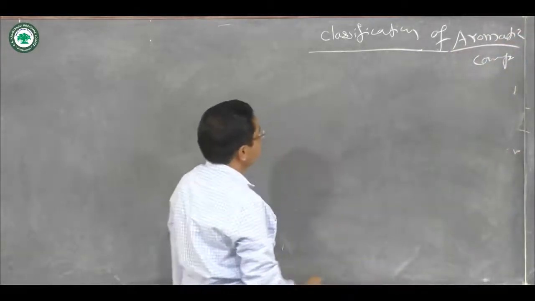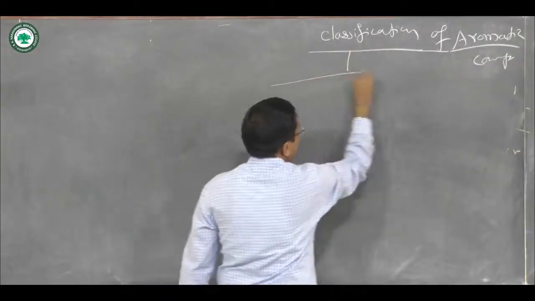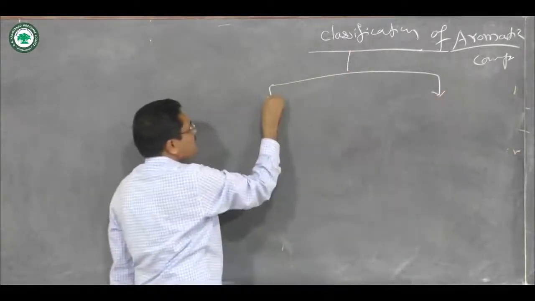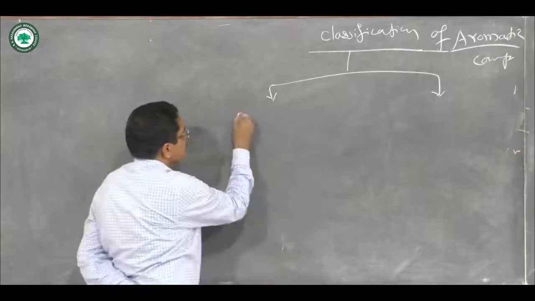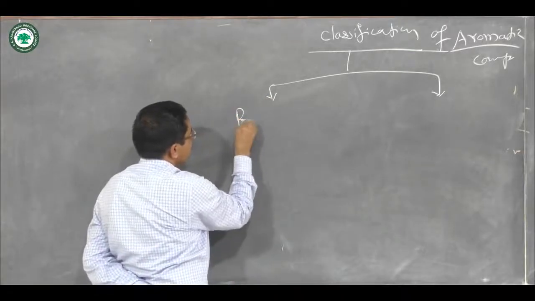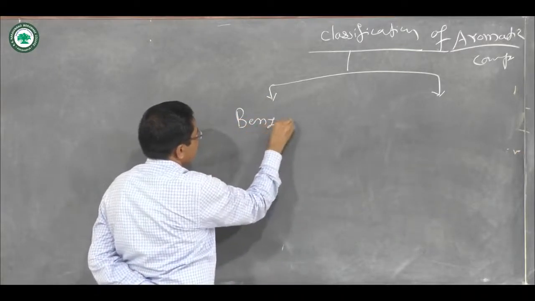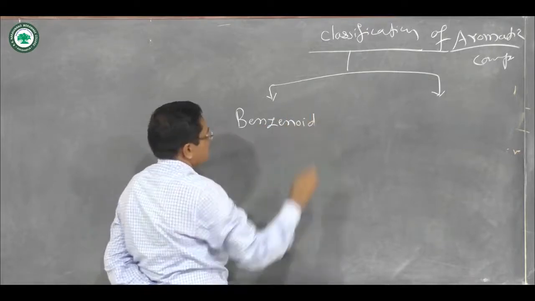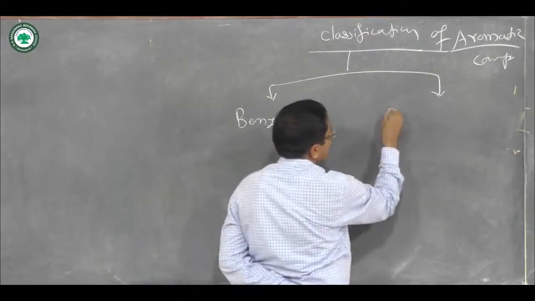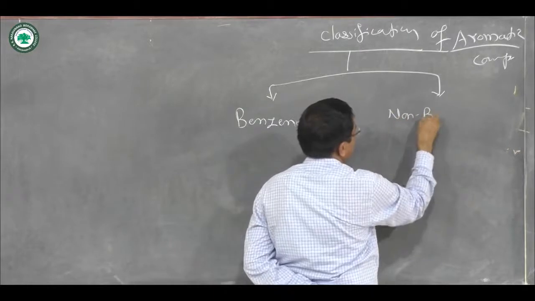Now there are two types of aromatic compound: benzenoid and non-benzenoid.